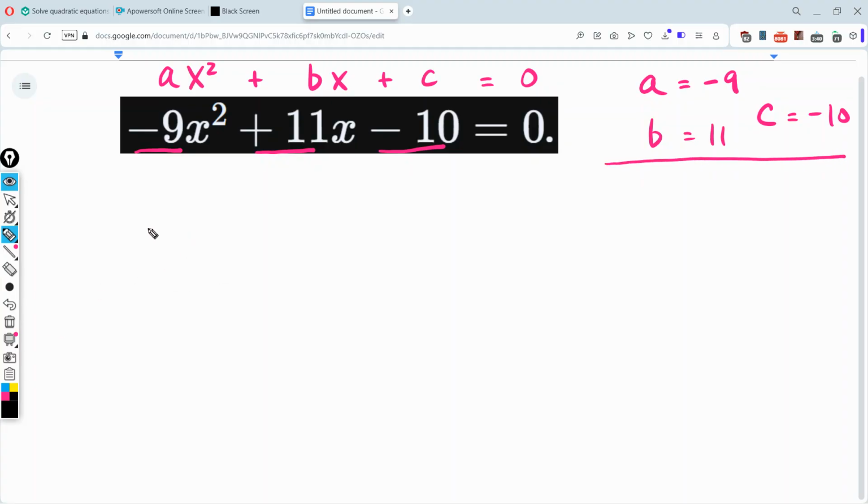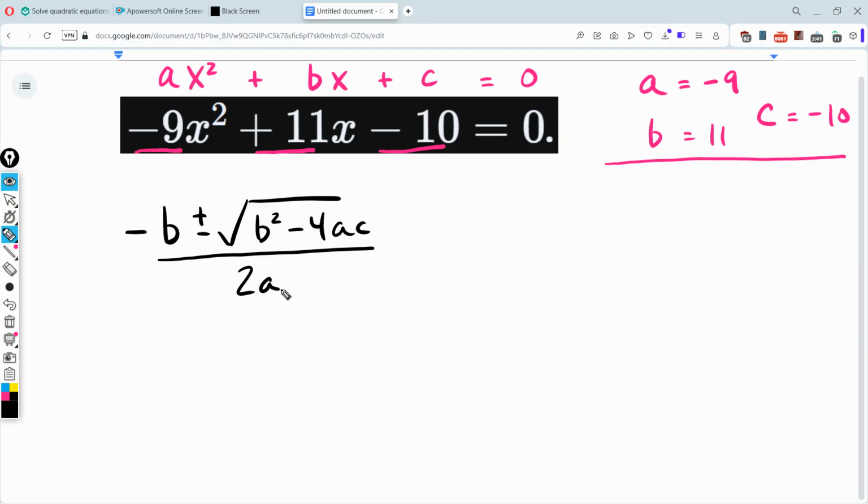And once again, the quadratic formula, negative b plus or minus radical b squared minus 4ac, and that whole thing is divided by 2 times a. All right, so negative b, that's going to be negative, and b is 11, plus or minus the square root of b squared, so that's 11 squared.